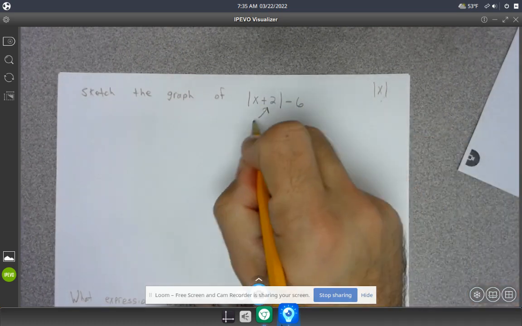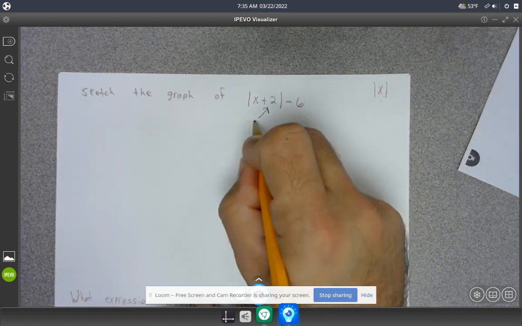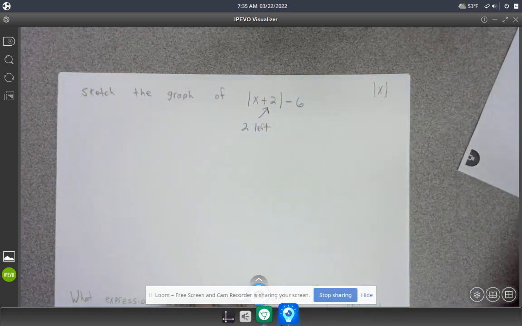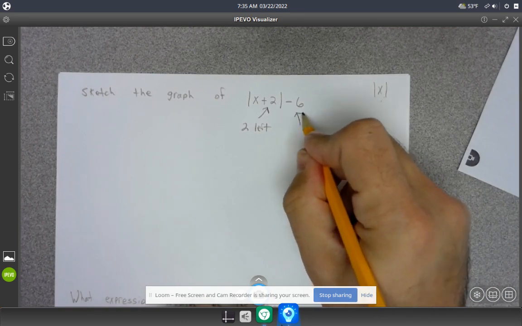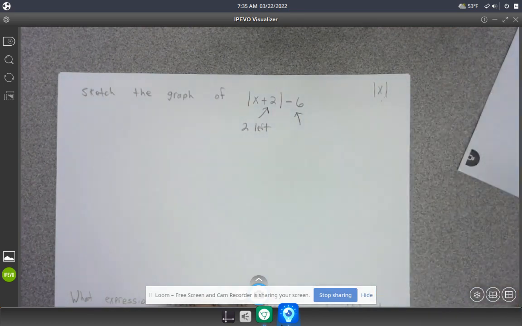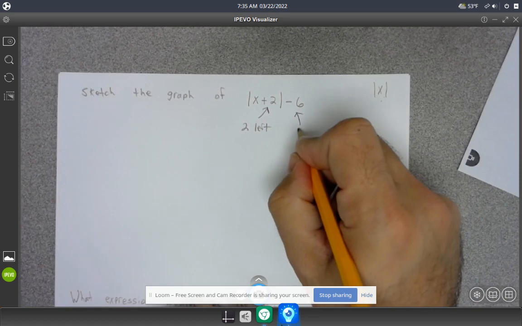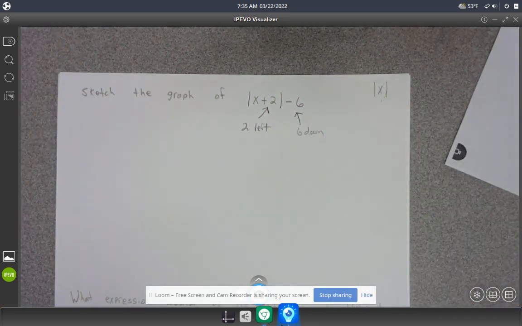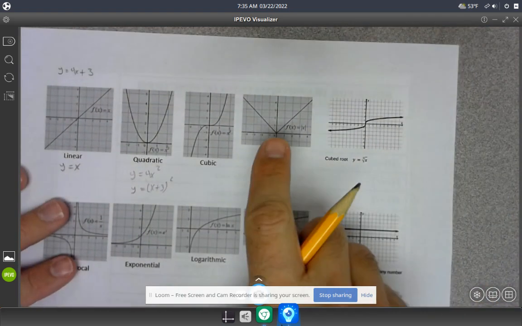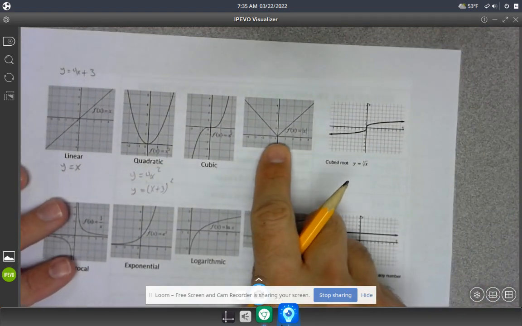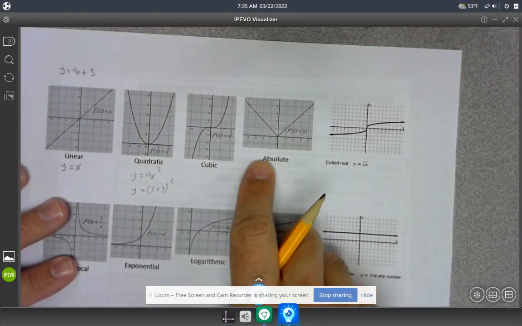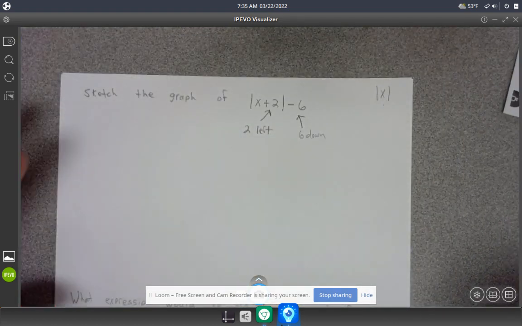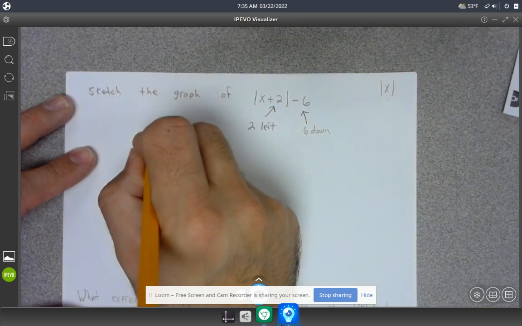So what that does, because we're adding 2 on the inside, is it moves it 2 units to the left, and they're minusing 6 on the outside of the absolute value bars. So that's going to move it 6 units down. And that's all we do. We're going to take this absolute value function and move it 2 to the left and 6 units down. All right, all the rest of it, all the scaling and stuff, that hasn't been touched.